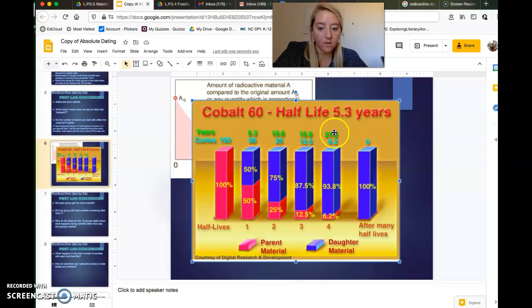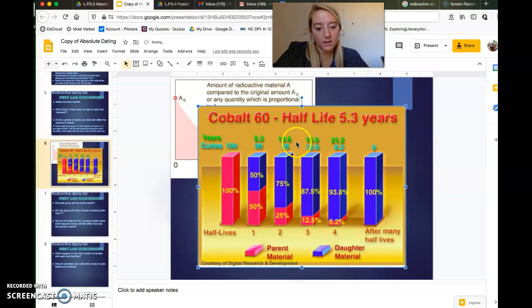And because we know, like this is cobalt, how many years it takes for cobalt to break down, if we find 75% of the daughter material and 25% of the parent material, we can infer that 10.6 years have passed since the formation of this rock. Pretty cool, right?